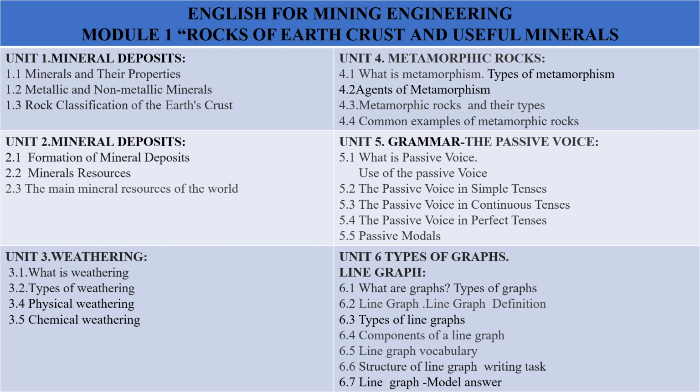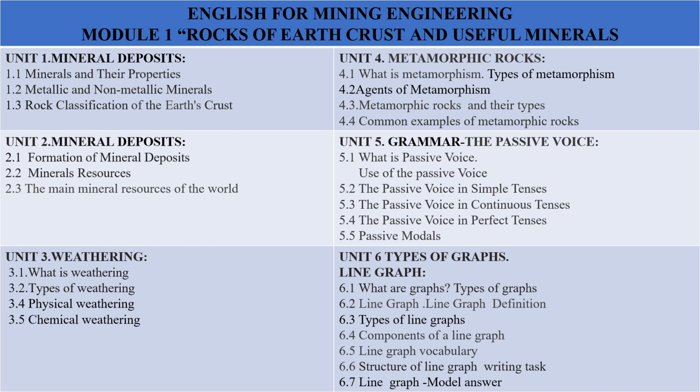Unit 1 Mineral Deposits: 1.1 Minerals and their properties, 1.2 Metallic and non-metallic minerals, 1.3 Rocks classification of the Earth's crust. Unit 2 Mineral Deposits: 2.1 Formation of mineral deposits, 2.2 Mineral resources, 2.3 The main mineral resources of the world.